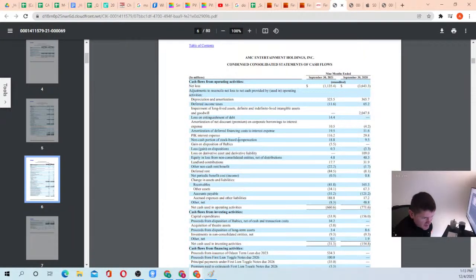Let's check AMC, if we can find any guidance in the AMC. Deferred rent, receivables account, accrued expenses, and other net, amortization of net loss on extinguishment, impairment of long defined depreciation, deferred income tax, loss and amortization of net discount on corporate, deferred financing cost to interest expense.